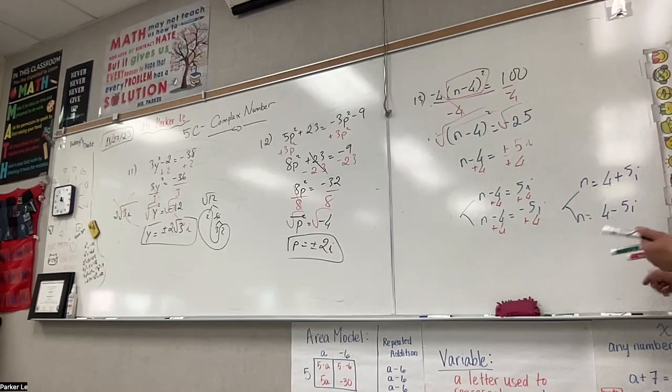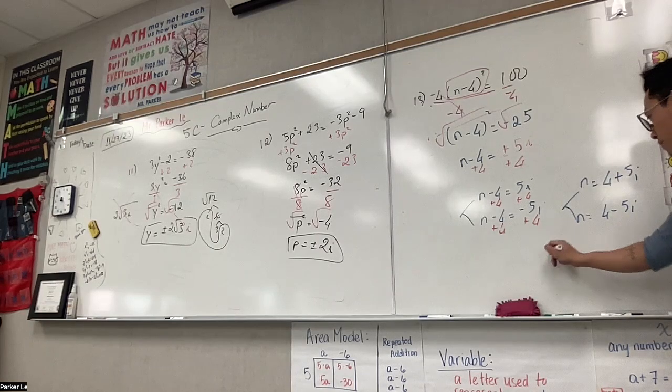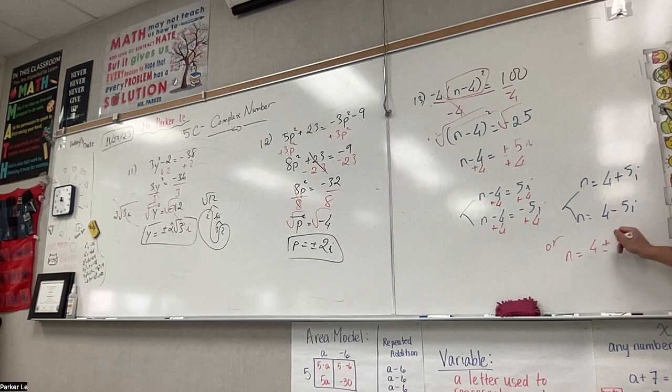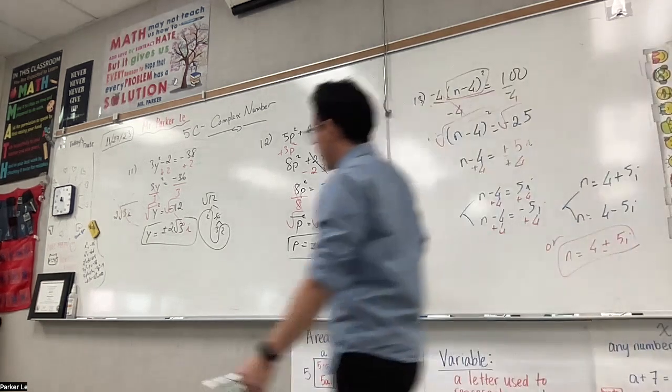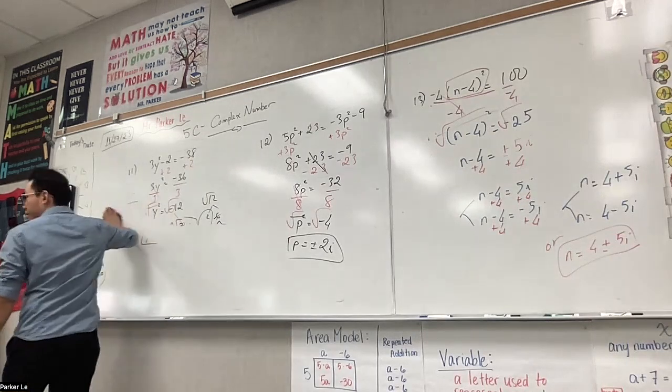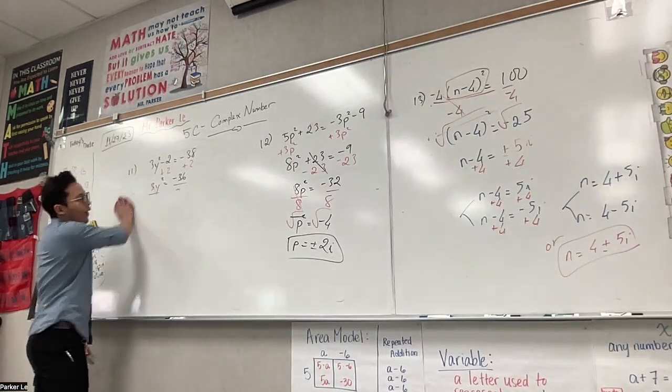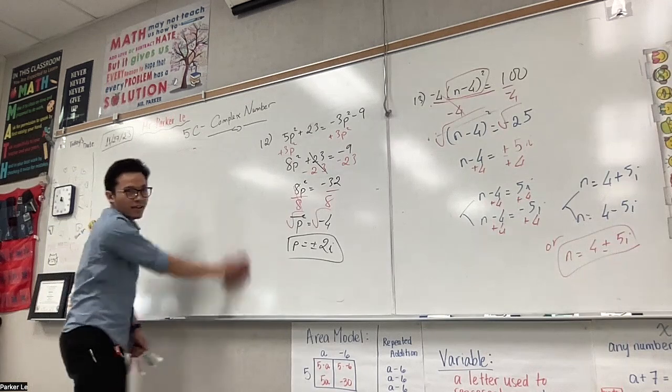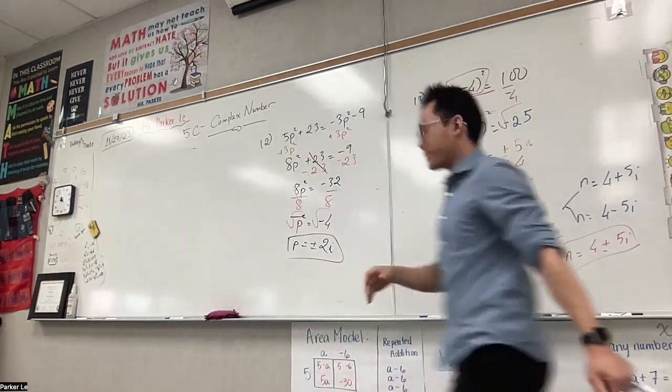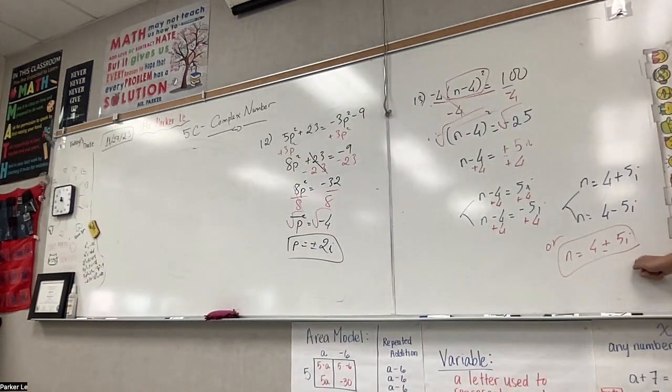If you see this, you can also write them like 4 plus minus 5i. You can also write it. Yes, question. Oh yeah, good question. Okay, let's give Yonga 1 point. Question: can I write 5i plus 4, or plus minus 5i plus 4?